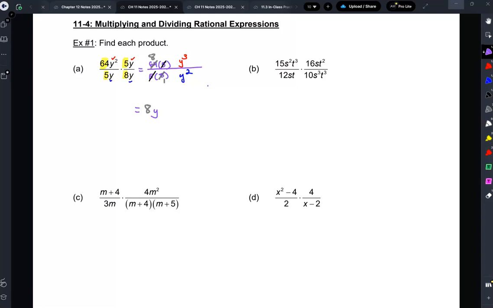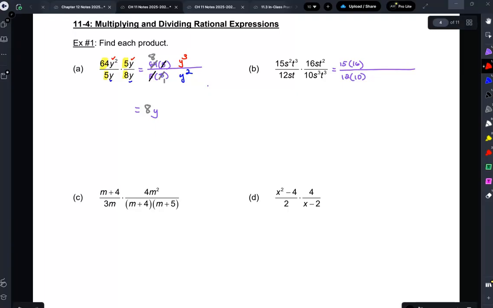Okay, so now let's do the next one. The next one here, we're going to do the same thing. So equal to one big fraction. Coefficients, I have 15 times 16, 12 times 10.